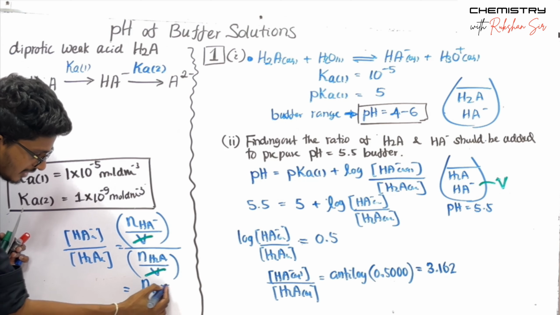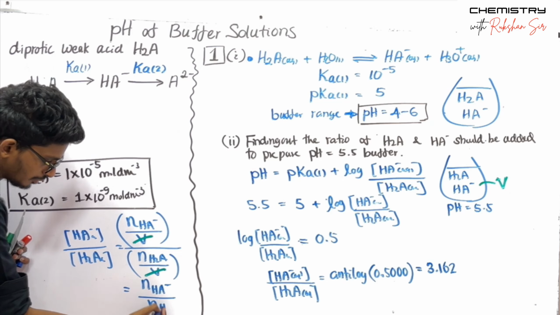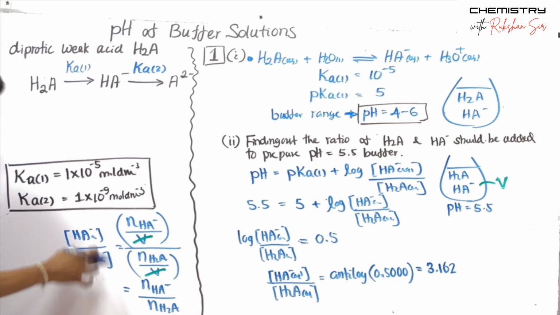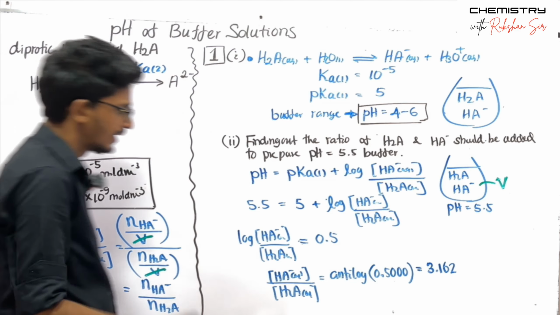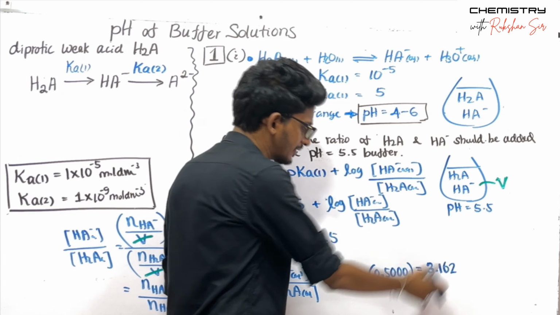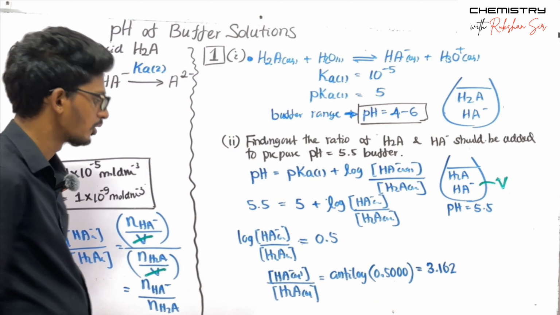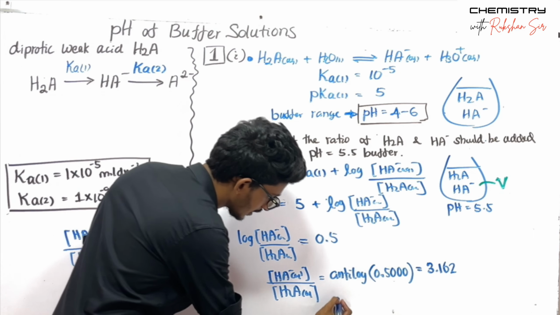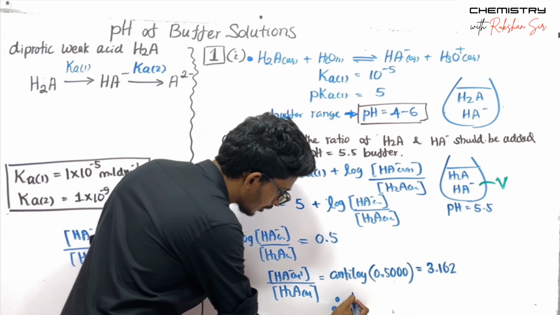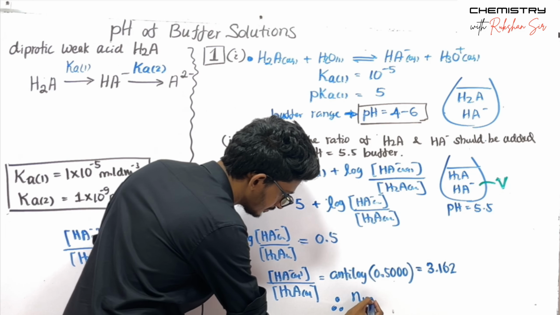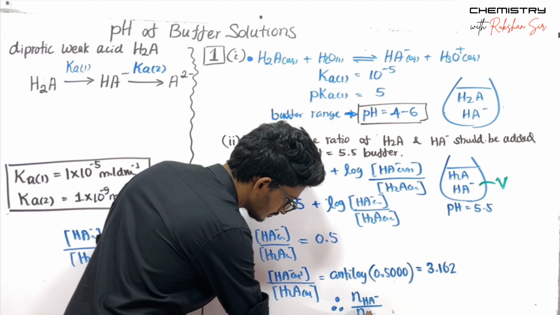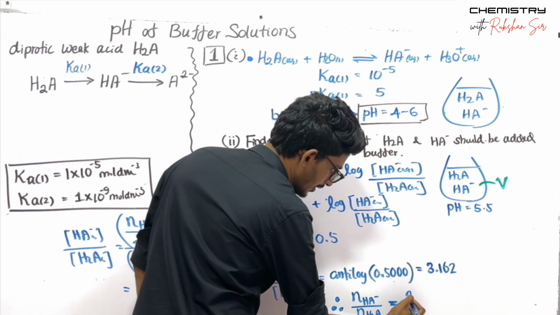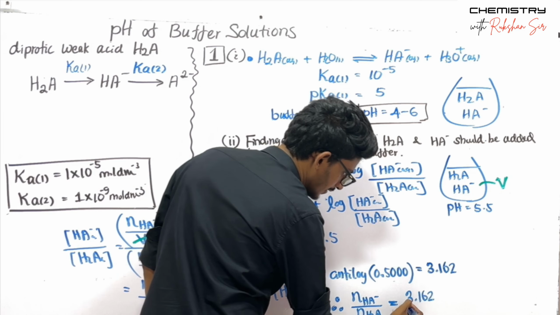In Henderson's equation, the concentration ratio means the mole ratio of the conjugate pair. So the concentration ratio is 3.162 to 1. That means the mole ratio is also the same, 3.162 to 1.